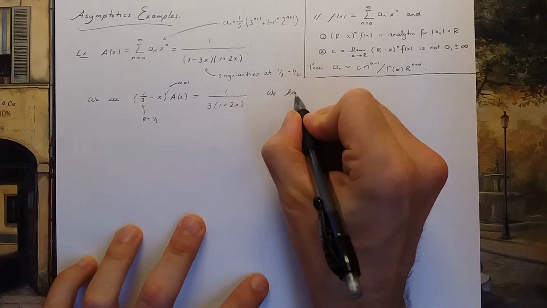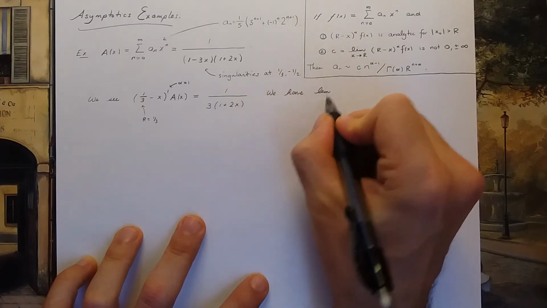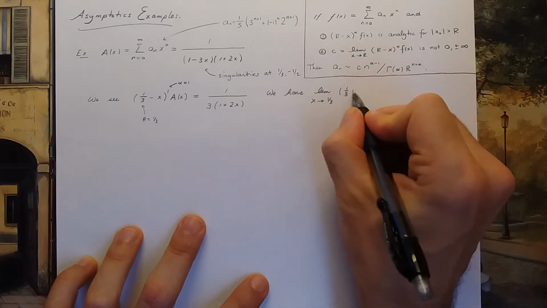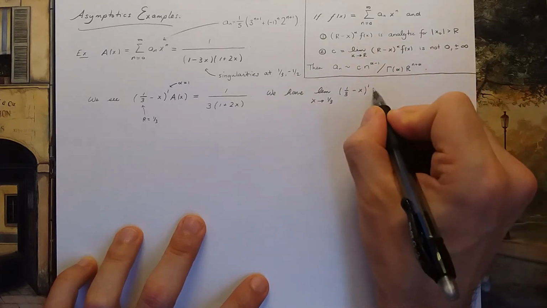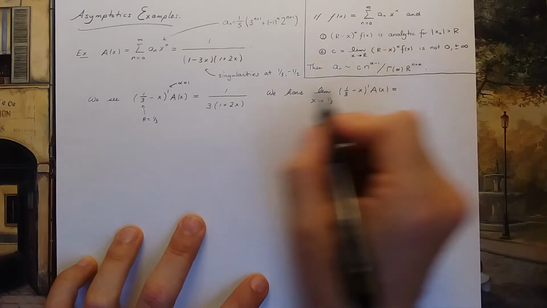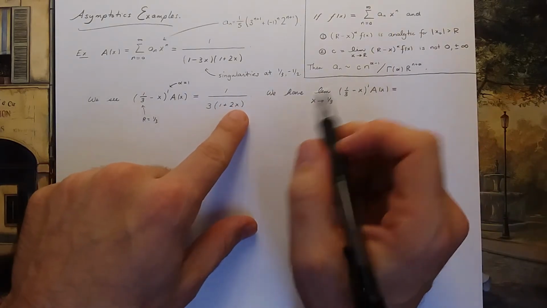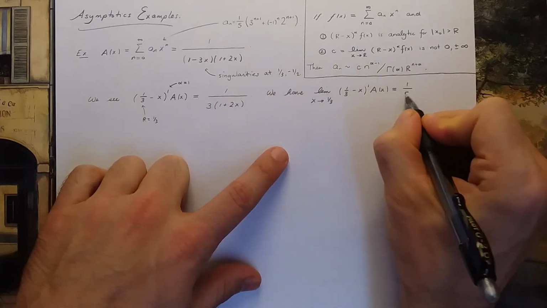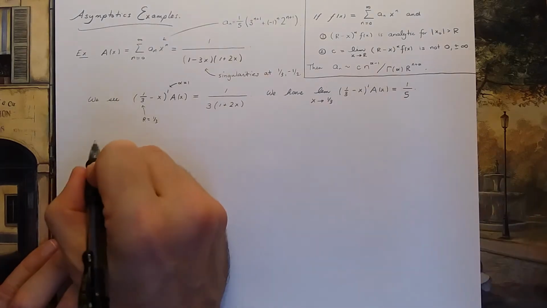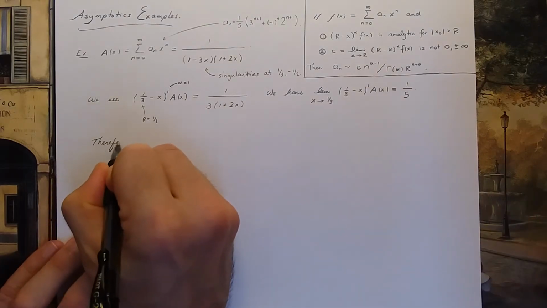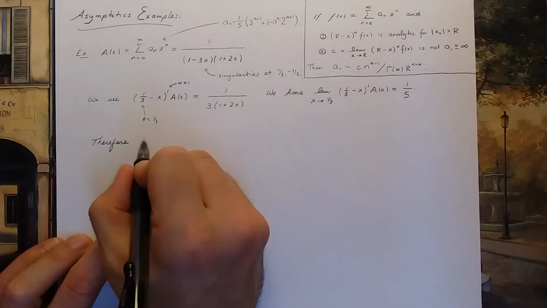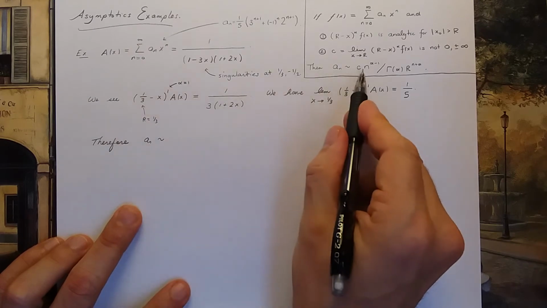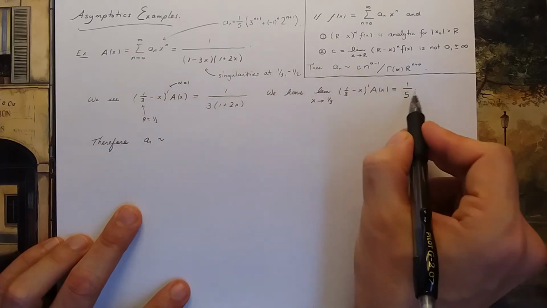So we have the limit as x goes to 1/3 of (1/3 minus x) to the first, times A(x), is equal to, now I can just plug in 1/3 for x. There's no issue anymore. And I believe when you do, you get 1/5. So therefore, the coefficients of this generating function, a_n, are asymptotic to c, and in this case c is 1/5.